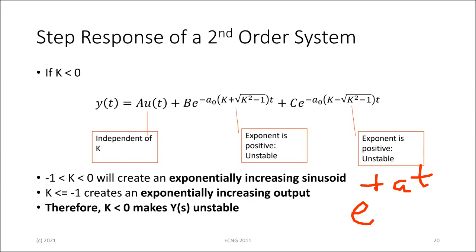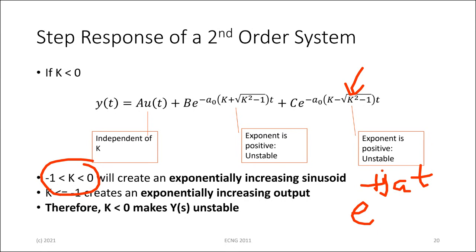If K happens to be between 0 and minus 1, then inside of here is going to be a complex number. So you're going to get an e to the plus j a t coming inside of here.